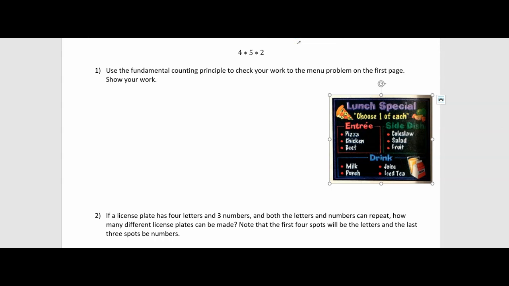Okay, so if we think of these 3 different categories as different events, right, we would have our entree or entrees as one event. And there are 3 options there. Well, the second event would be our side dishes.